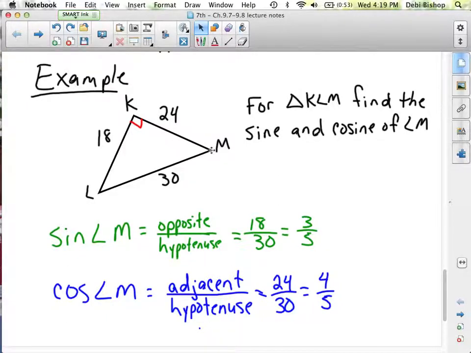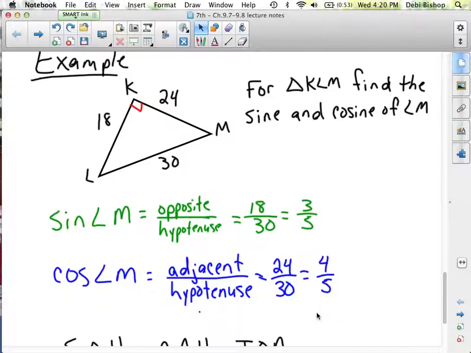Find angle M. My sine is opposite, so for my angle M, the opposite is 18 over hypotenuse 30, which reduces to 3/5, and my cosine is adjacent, so here's my angle M, my adjacent side is 24, and hypotenuse is 30, and reduces to 4/5.